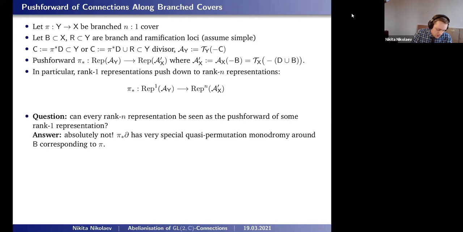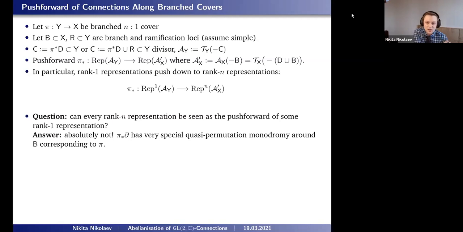Right. So you could ask a question: can I use this push forward operation to actually recover every representation on X from some appropriate rank 1 representation on a covering Y?